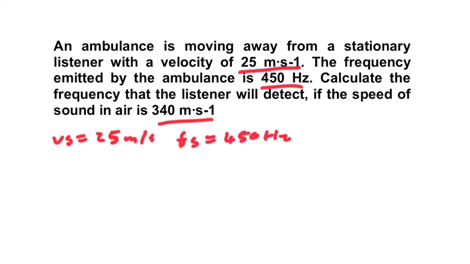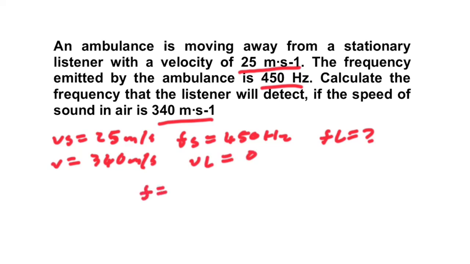Calculate the frequency detected, so we want FL, and then the speed of sound in air is 340 meters per second, and our listener is stationary, so VL is equal to 0. Right, our ambulance is moving away, so we're going to have FL being equal to V plus or minus VL divided by V plus or minus Vs multiplied by Fs.